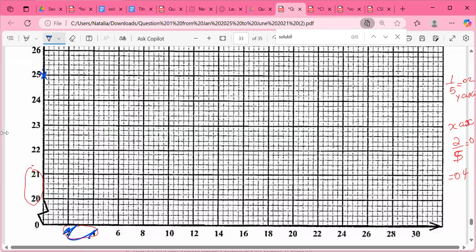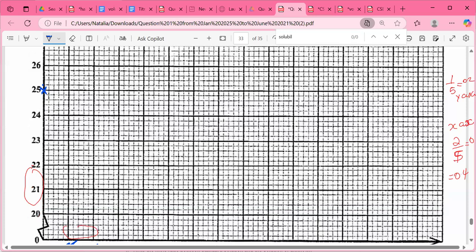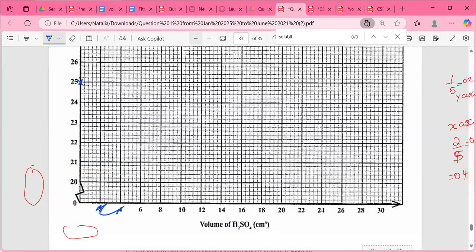All right, next. 5 to 27.5. 5 would be midway between here. So 5 is going to be 2.5 boxes from 4, because this is 4.4, 4.8, 5.2. So midway there. What are we plotting?